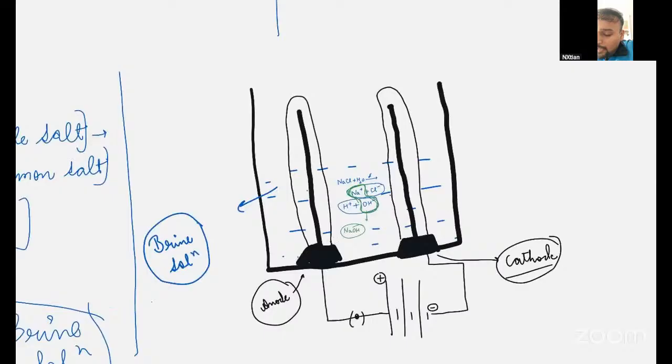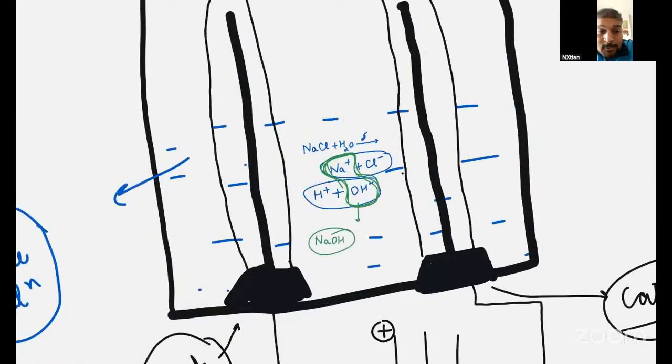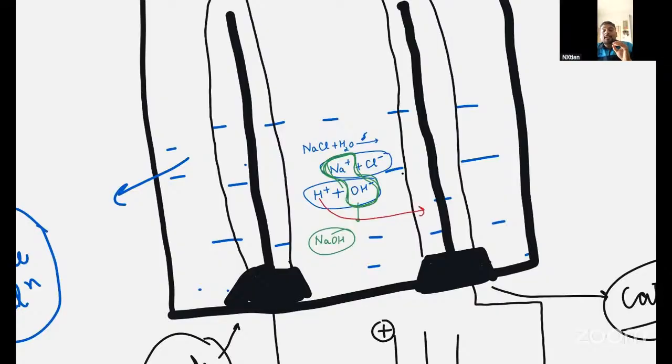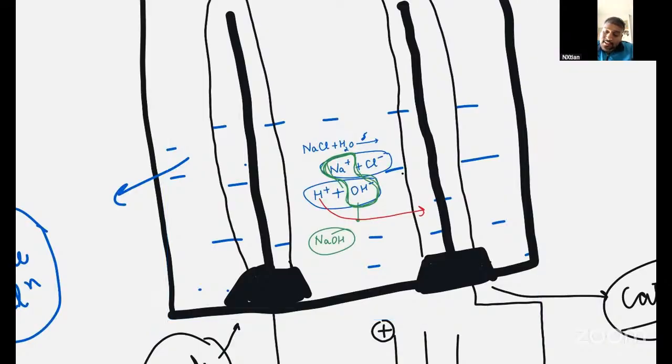And this H plus ion will move towards the negative terminal, which is the cathode. So the H plus ions will move towards the cathode. And the Cl minus will move towards the anode. So the H plus ions move towards the cathode, and the Cl minus ions move towards the anode.